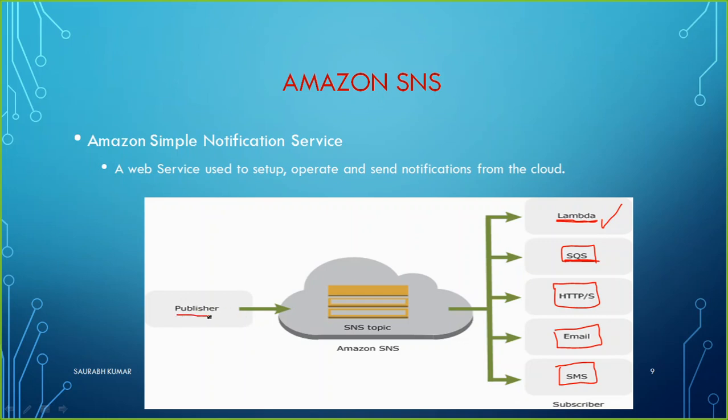This side is the publisher, this side is the subscriber. I'm going to explain these two words later on. So this is what we can understand right now about Amazon SNS, that it is a simple notification service, a web service used to set up, operate and send notifications from the cloud to the customer or to the subscriber.